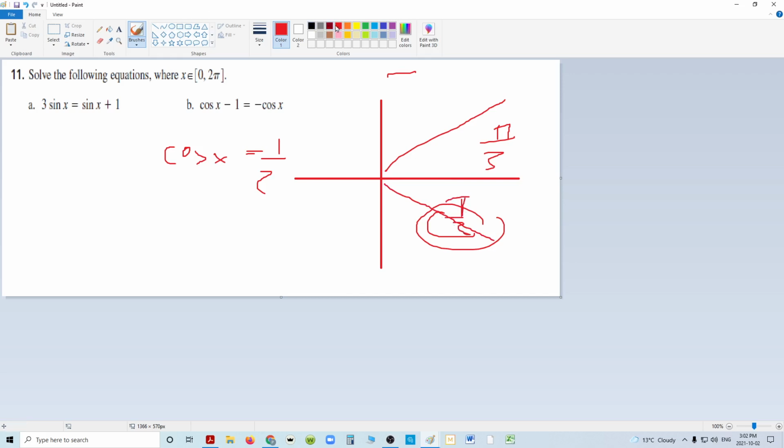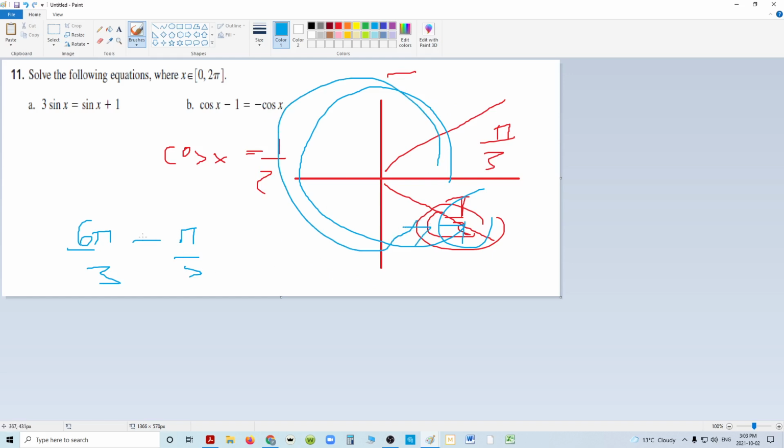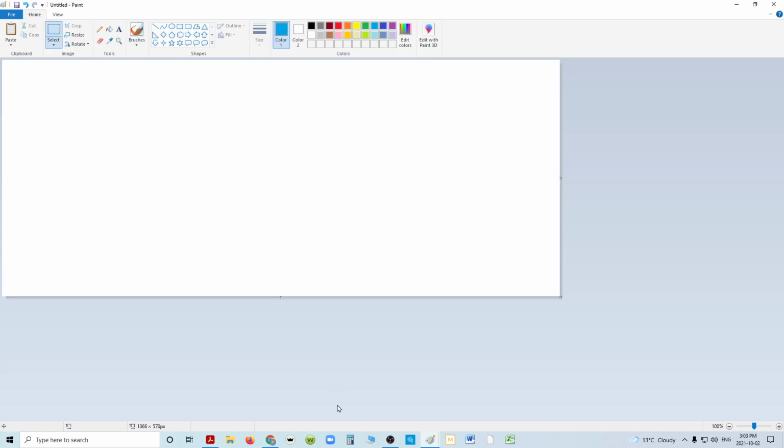Now I'm always measuring the terminal angle, so I have to take 2 pi and subtract pi over 3. 2 pi in thirds is 6 pi over 3, minus pi over 3, which is clearly the blue angle all the way around to there, 5 pi over 3. So that's the thing you've got to watch out for. There are always 2 angles, and that's going to be very important for solving some of these.